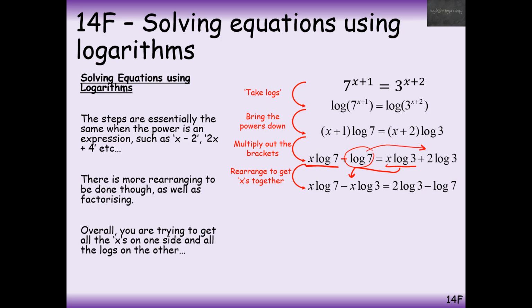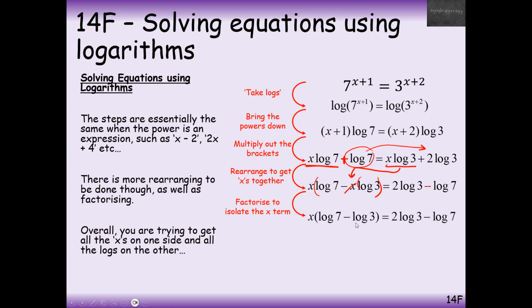It was a plus here, and we are subtracting it from both sides, so it appears as a minus log 7 on the right. Now using logarithm rules, we can factorize the x out of both and write it as one log. Log of 7 minus log of 3 is going to be log of 7 over 3.